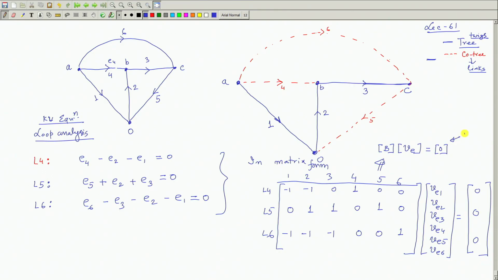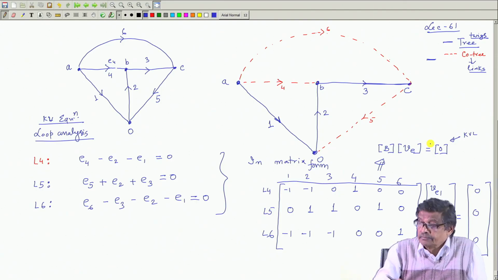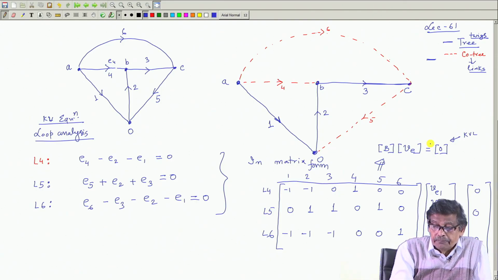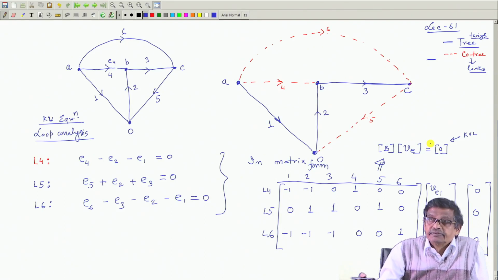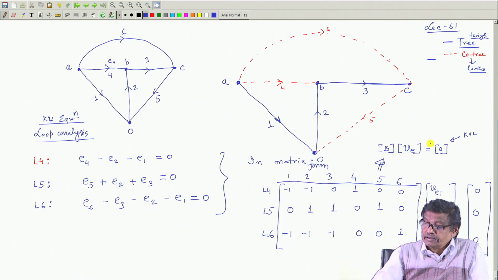Where did we get it from? From KVL. KVL in which loops did I write? The loops which are formed by only one link, and links have been identified after drawing the tree of this graph, that is the thing. So, this is the B matrix, understood.